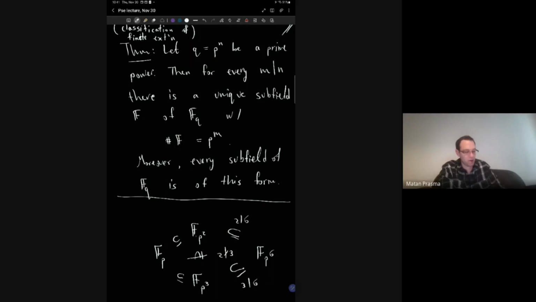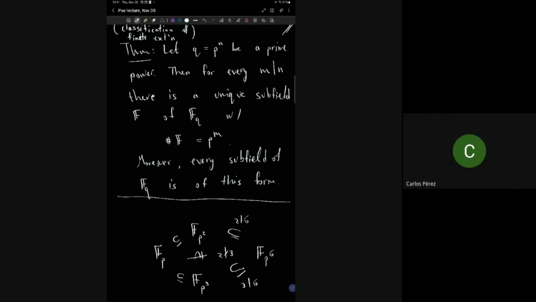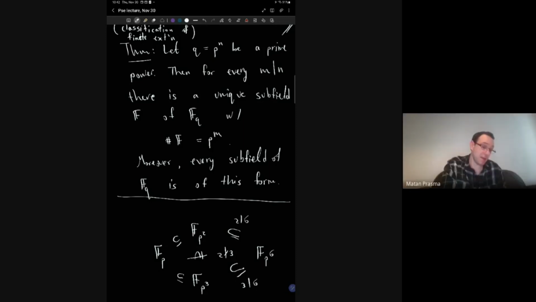Sorry, but now that you're saying that, it made me wonder: if we are extending fields, what's happening with the primitive polynomials over which the field lies?